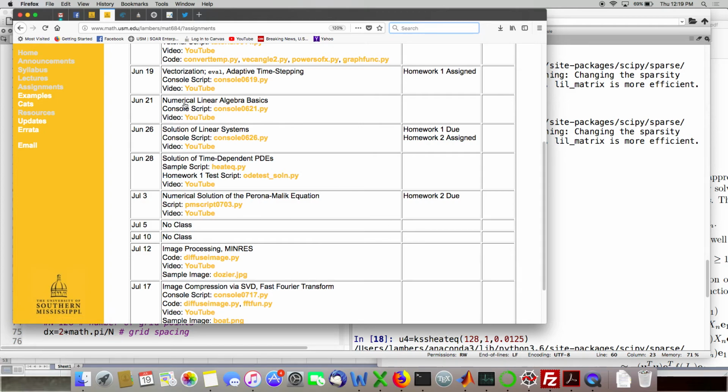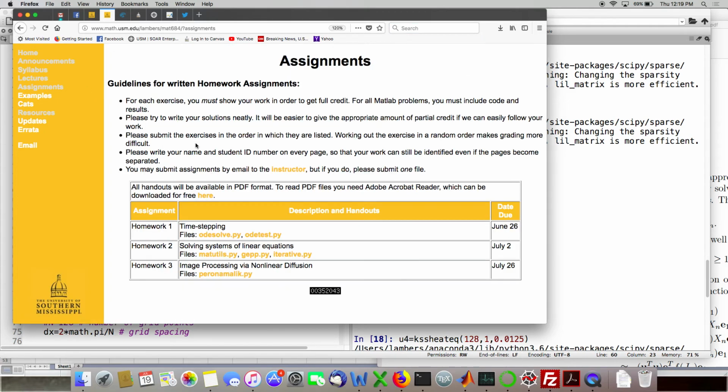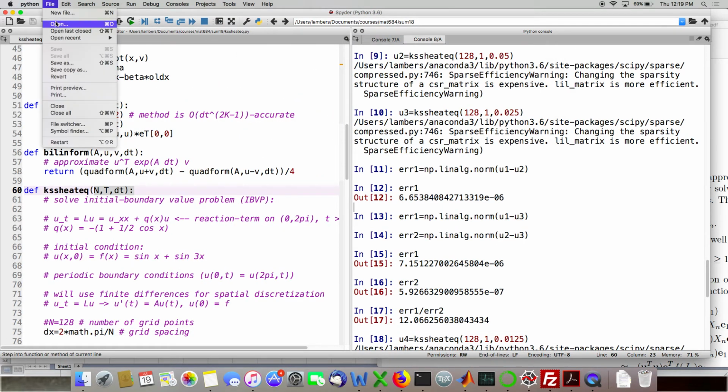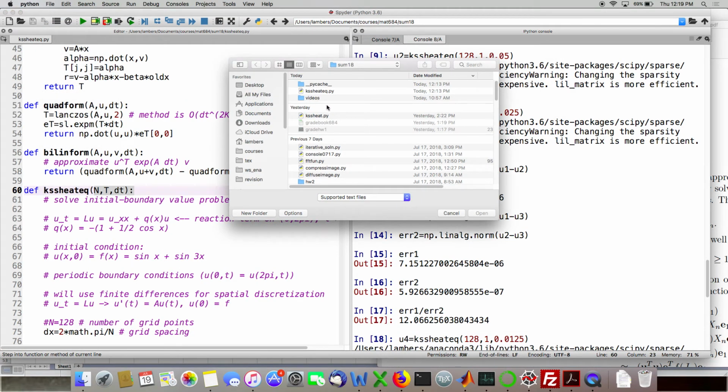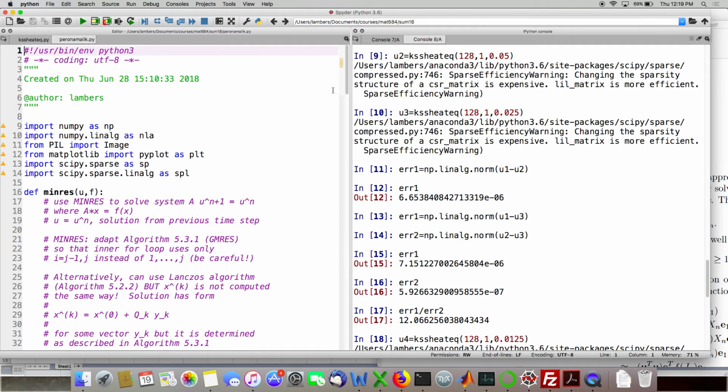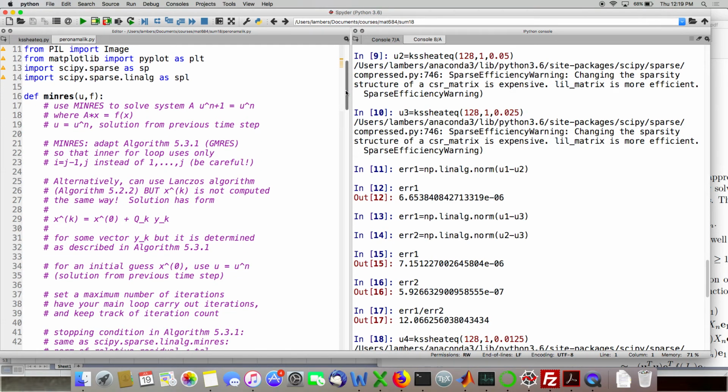If I go to the file that I posted, yeah, this file has everything you're supposed to do in here.